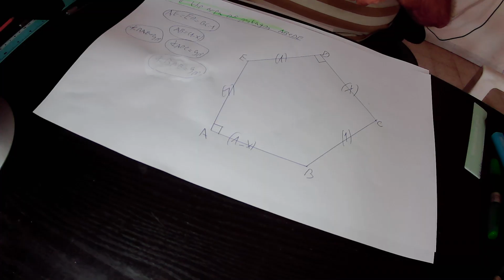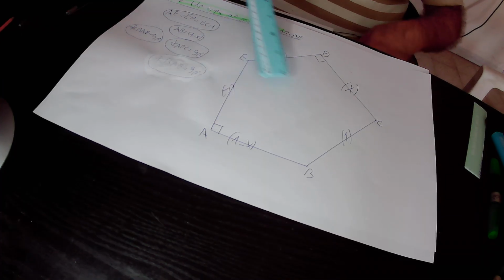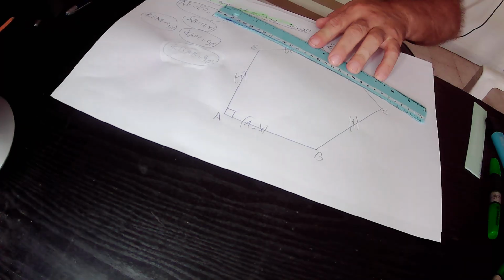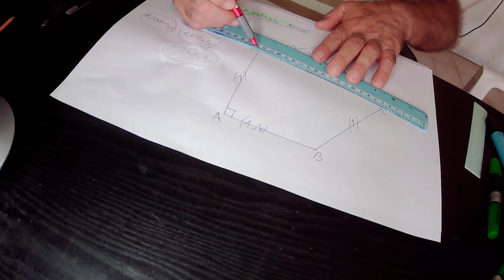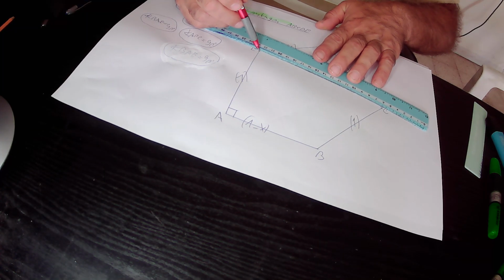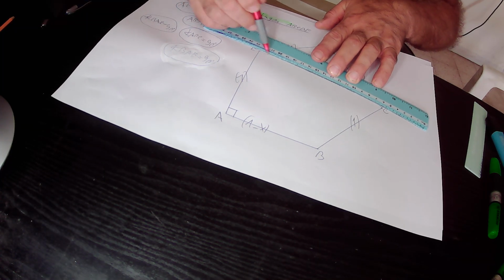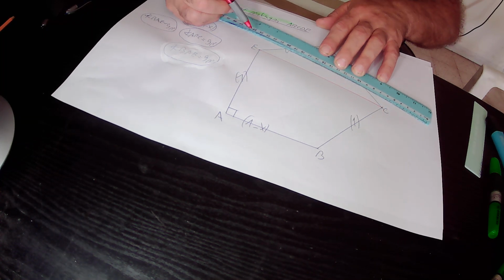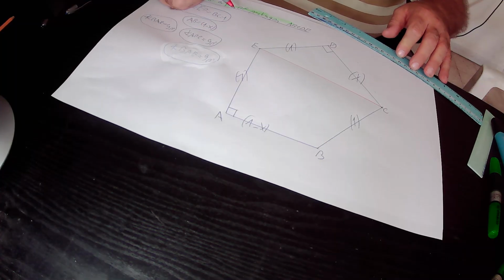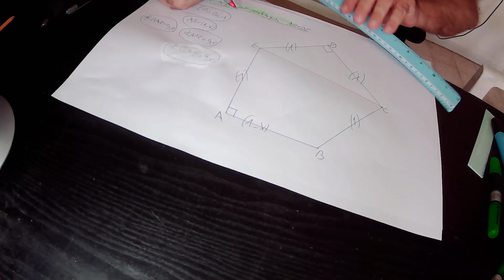So first of all, we join points C and E together by a straight line. And we join points E and B together by a straight line.